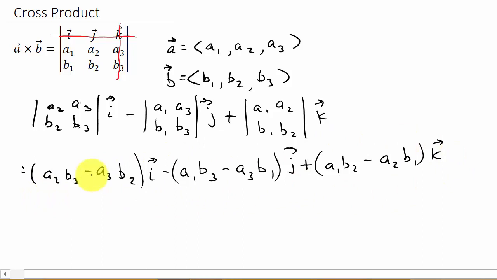Don't try to memorize the formula, just know the procedure. That's why I worked it out for you with just variables in there.